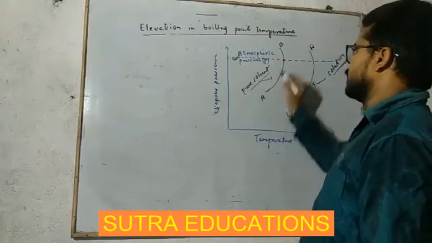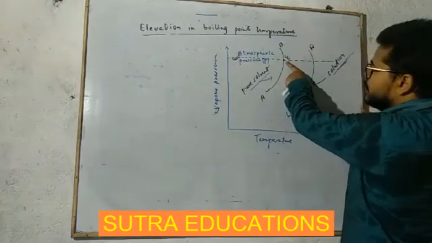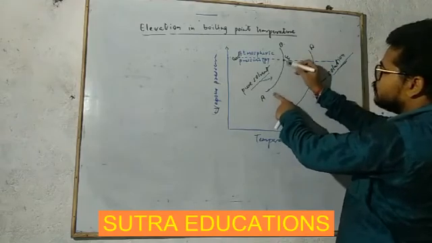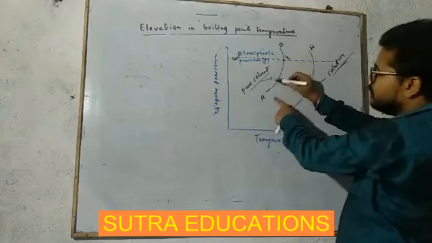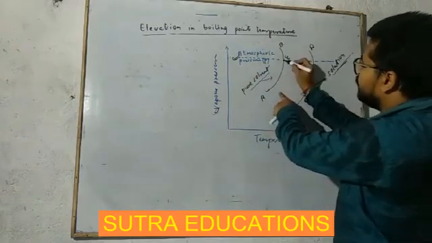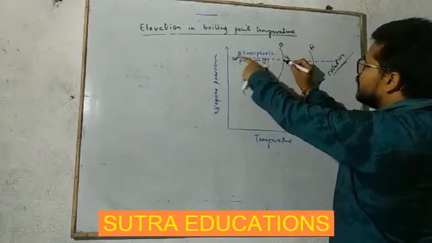means at that point, say this point is E. So at point E, the vapor pressure of pure solvent has become equal to the atmospheric pressure. Getting this? This is vapor pressure of pure solvent, and at point E, vapor pressure of pure solvent has become equal to the atmospheric pressure.